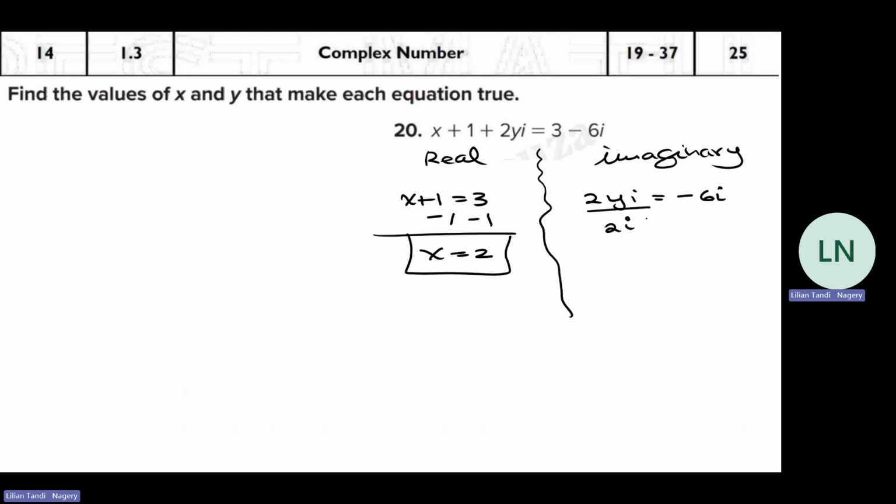Divide by 2i, divide by 2i. Because I want y, the 2 has to go and the i has to go. y equals negative 3. Box your answer.